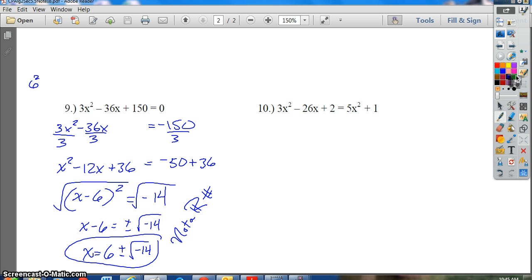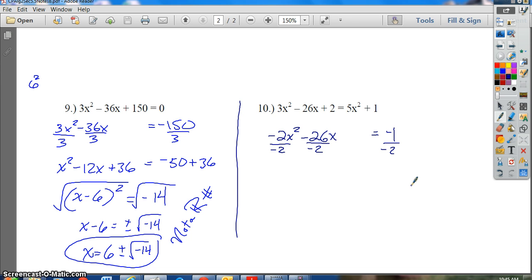Okay, and here's the one from Hades, which is me trying to make it as tough as I can. I'm going to get all my x's on the left side here, and I'm going to move all my numbers over here. So I'm going to subtract 5x squared over, it gives me negative 2x squared minus 26x. I'm going to subtract 2 over here to get negative 1. Need to make this a positive 1, so I'm going to divide by negative 2, which means I need to divide everything by negative 2.